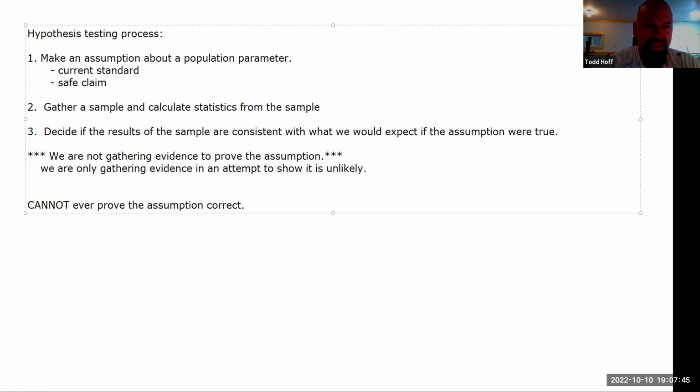So never say we accept the assumption, or we have proven, or anything like that. There are only two logical conclusions or two acceptable conclusions, and we'll get to those in just a few minutes here.